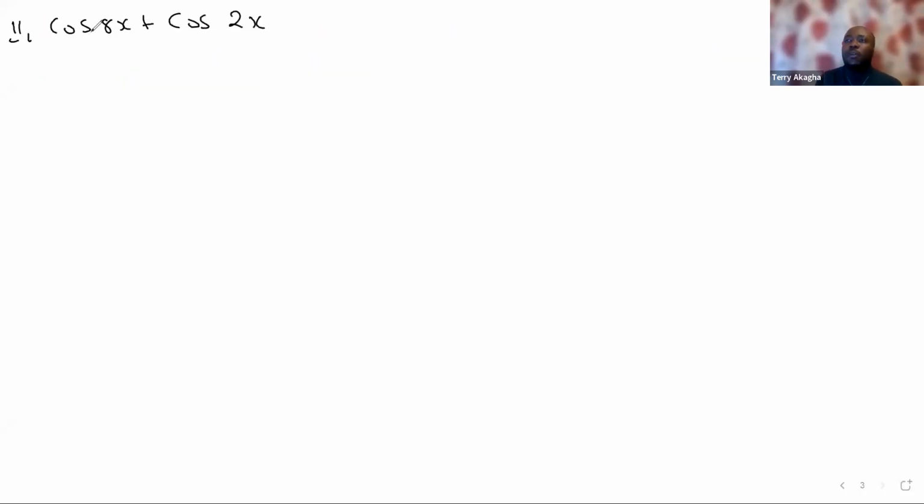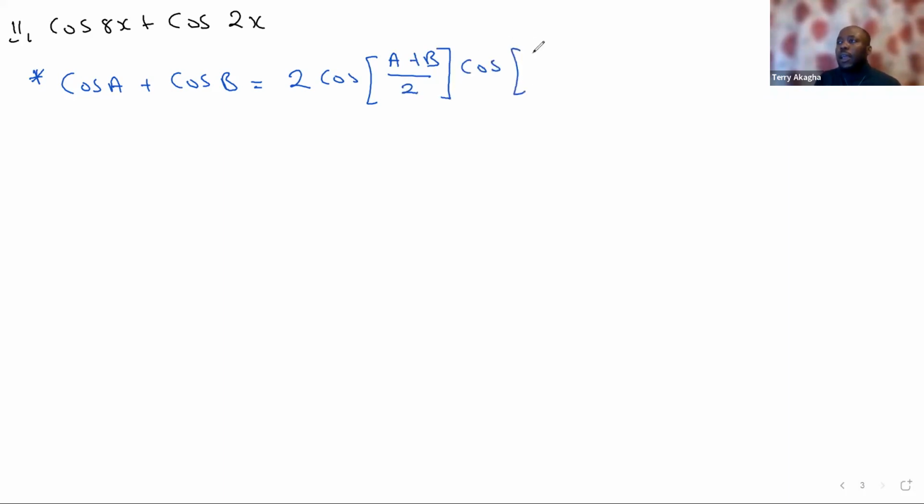So we have cos 8x plus cos 2x. Now, I also told you that when you have cos A plus cos B, it is the same as 2 cos of (A plus B) over 2, times cos of (A minus B) over 2.